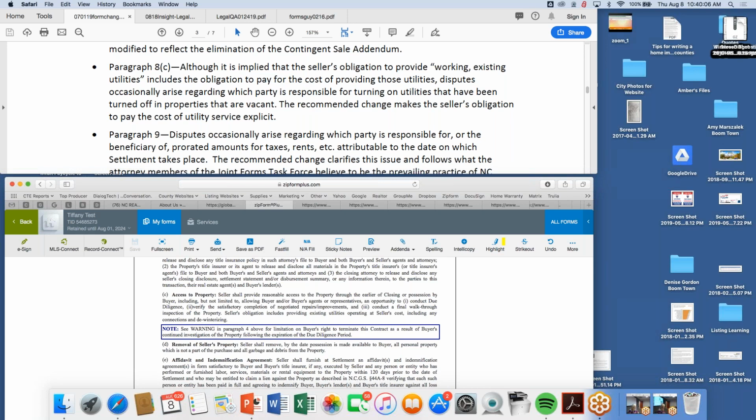Yes, the seller could have it on, but you can't make the buyer pay for it. So when you have foreclosures or other situations where someone's moved out, it's vacant, and the utilities aren't on, this is just clarifying for all in 8C that utilities must be on and that the seller is paying for it. Any questions there?